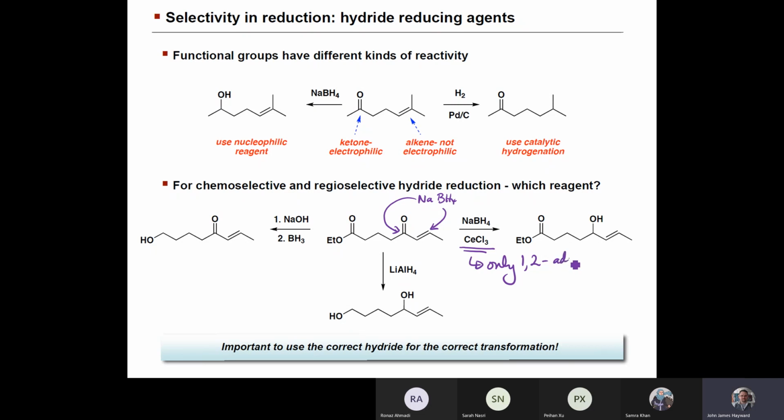And the incorporation of cerium trichloride into this system is known as the Luche, L-U-C-H-E, reduction.